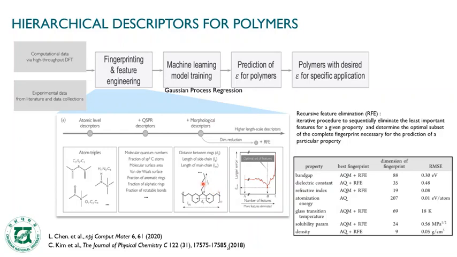To map these descriptors to target properties, they use recursive feature elimination and select only the important features. So here it shows that, for example, to predict the dielectric constant, you need atomic and QSPR level descriptors, which are 35 dimensions.